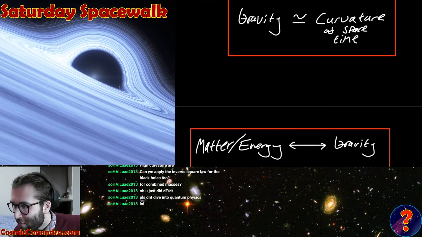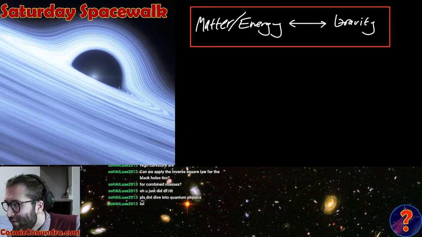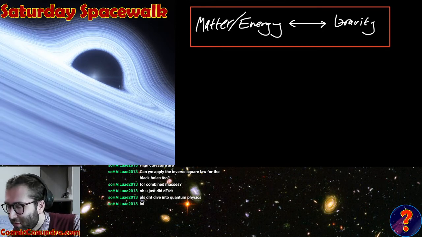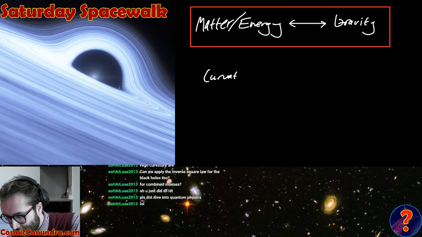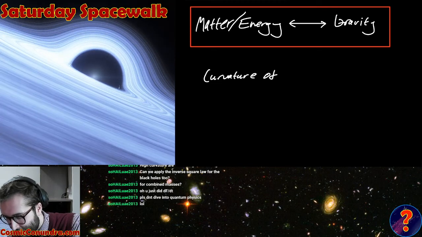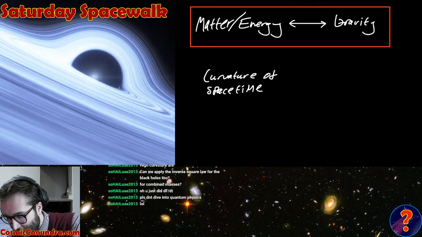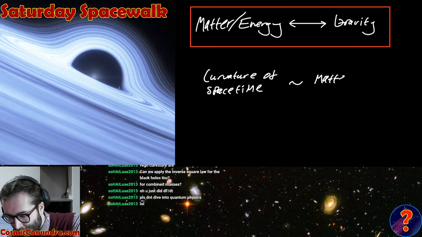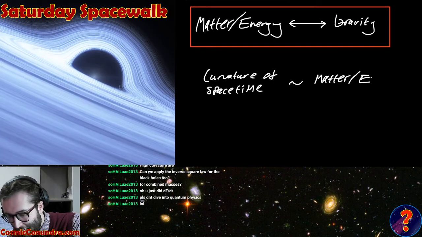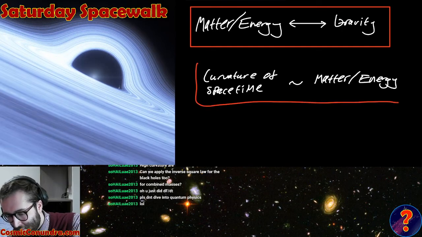This allows us to write down the absolute most basic way of describing general relativity, or Einstein's equations, which is that the curvature of space-time is roughly equivalent to matter/energy in that space-time. Okay.